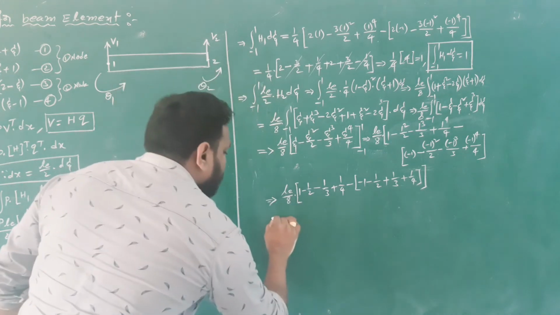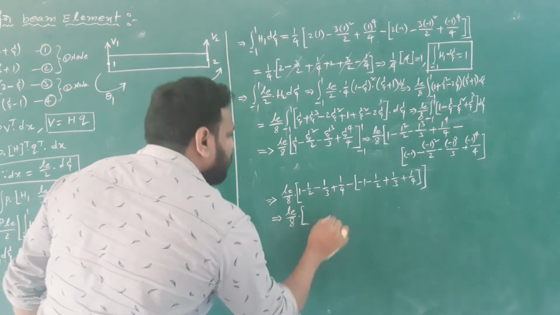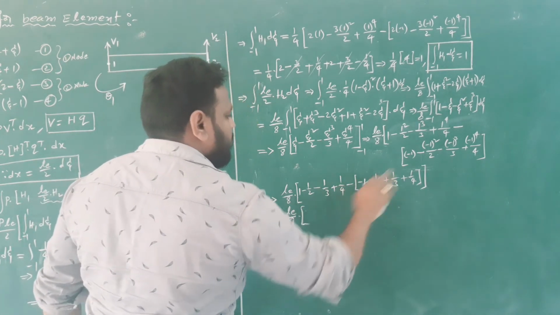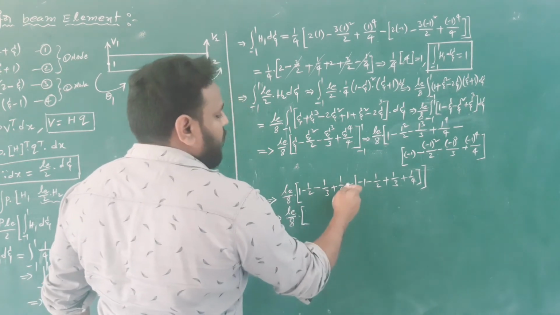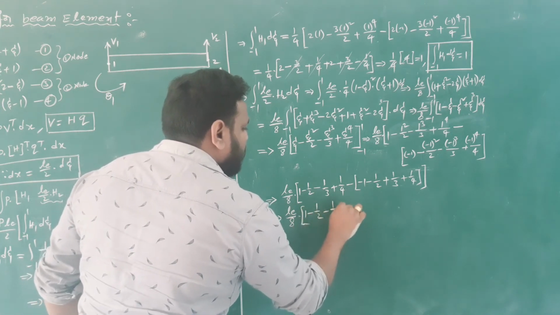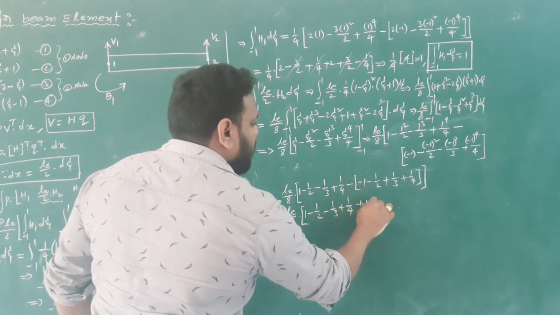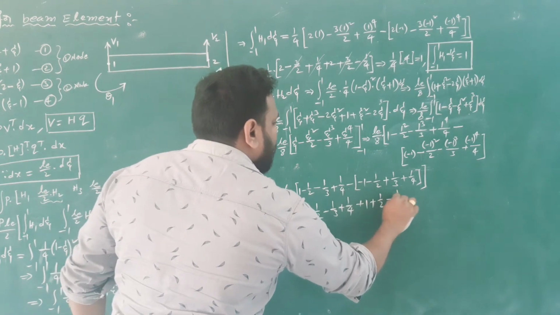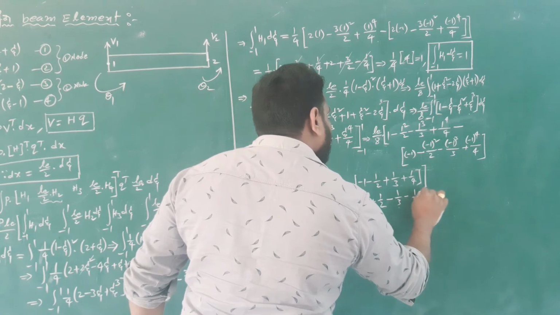Next, LE by 8 into, so multiply the entire equation with the minus: 1 minus 1 by 2 minus 1 by 3 plus 1 by 4, minus into minus plus 1, minus into minus plus 1 by 2, minus into minus plus minus 1 by 3, minus into plus minus 1 by 4.